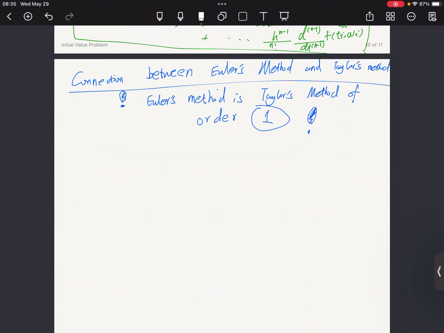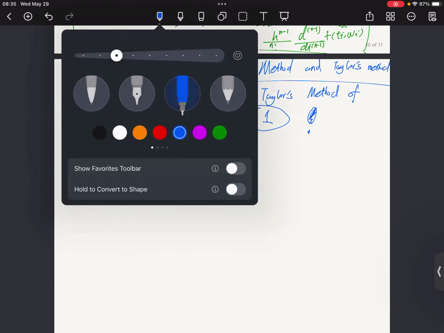For the example, let me see. Okay, I'm just going to show you one example of the Taylor's method, higher order.